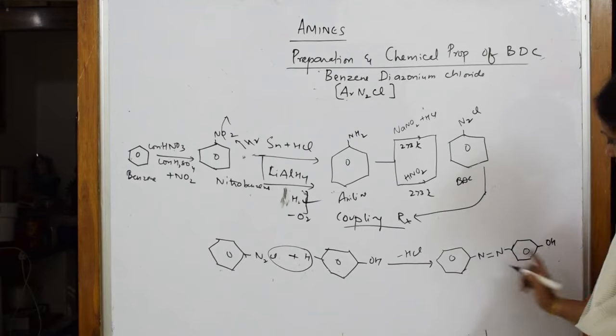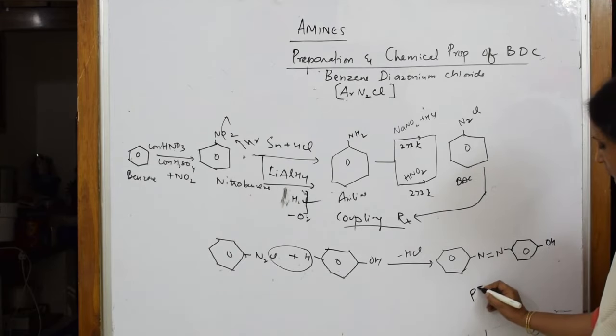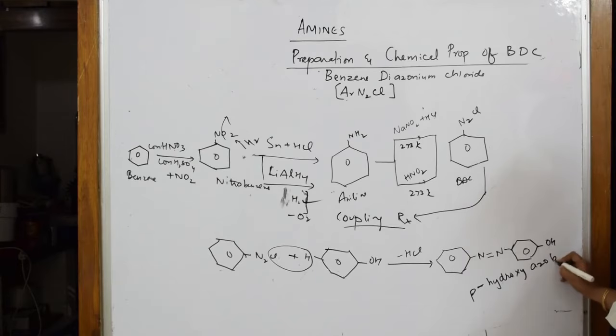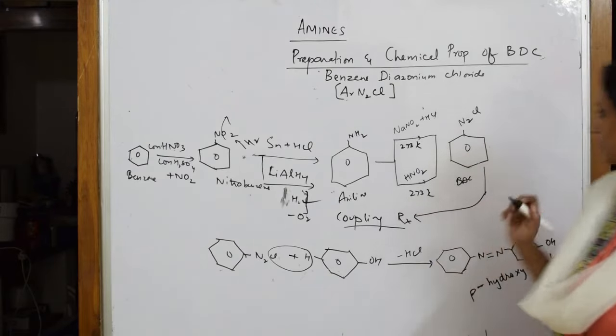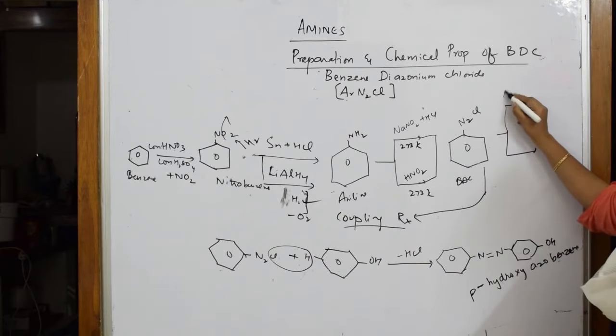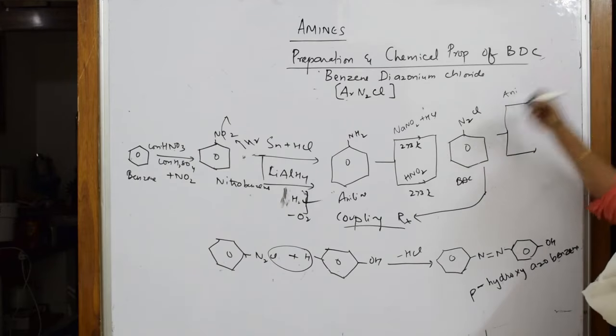What is this compound now? Para-hydroxy azobenzene. So this is your coupling reaction. Simple. Two products BDC is going to form. What is it going to form? With aniline, and we have taken this as phenol.